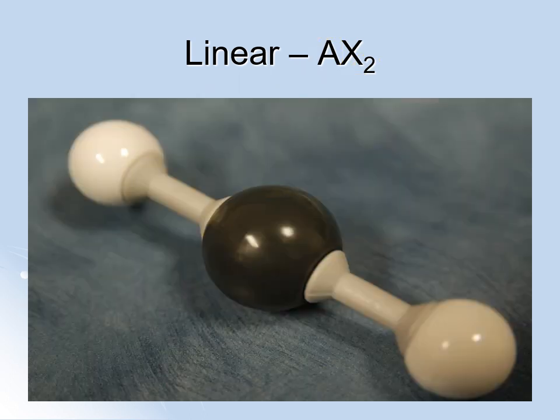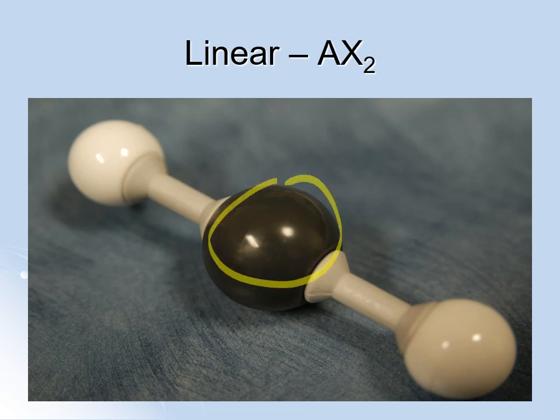So an example of this, we built it with a ball and stick model. We have a central atom, so that is our A, and then we have our peripheral atoms, which we're just going to label X. So they are going to be bonded to each other.